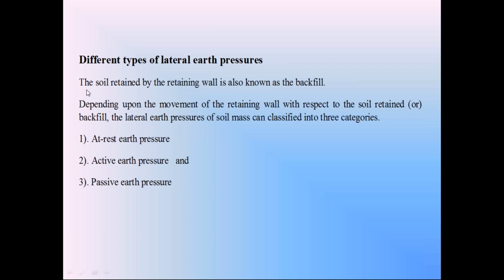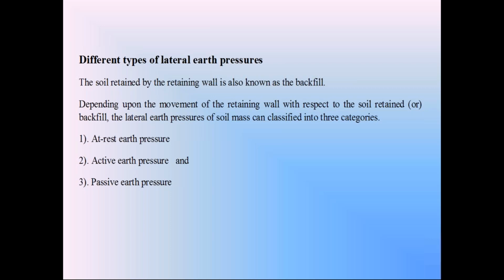Check this first sentence, please. The soil retained by the retaining wall is called backfill material. Just in the previous diagram, I explained that. The retaining wall supports the soil. The soil supported by the retaining wall is known as the backfill material.